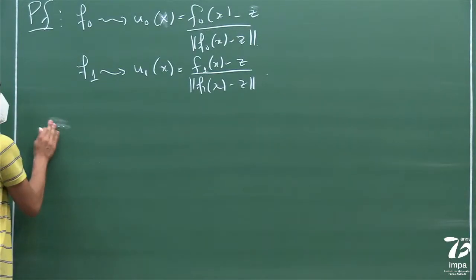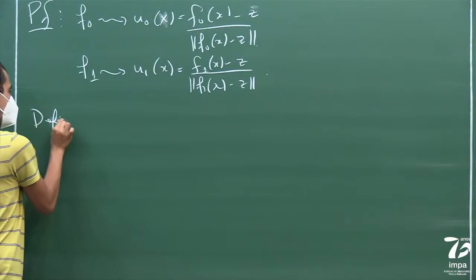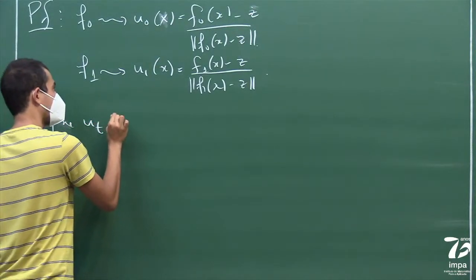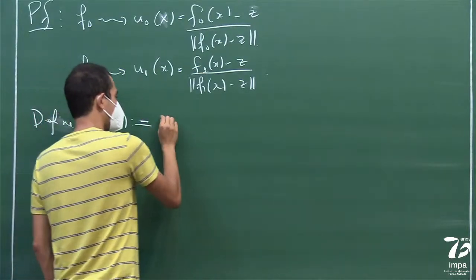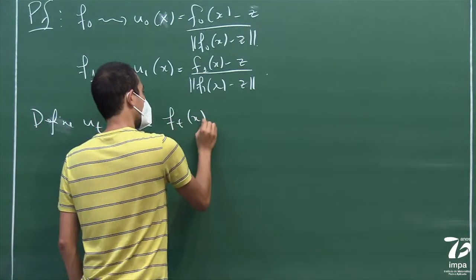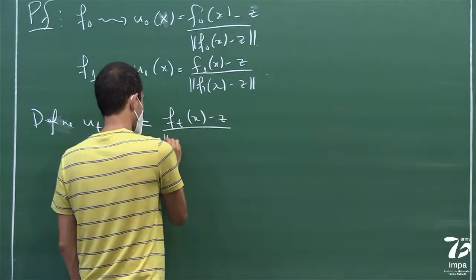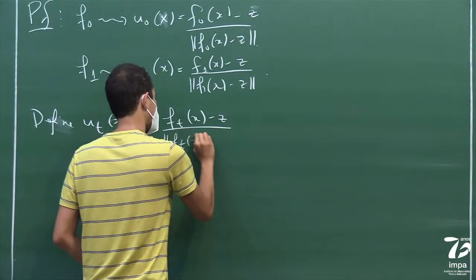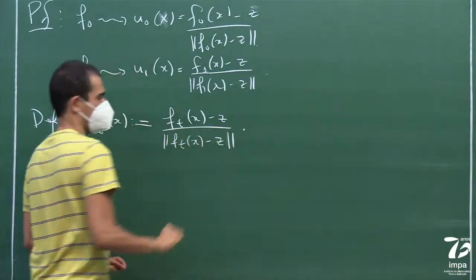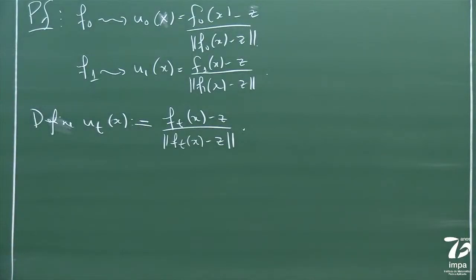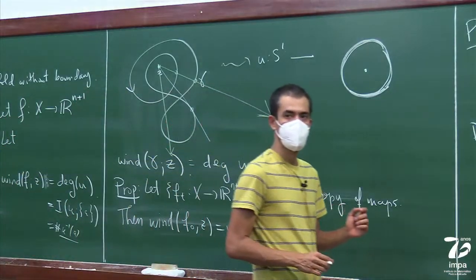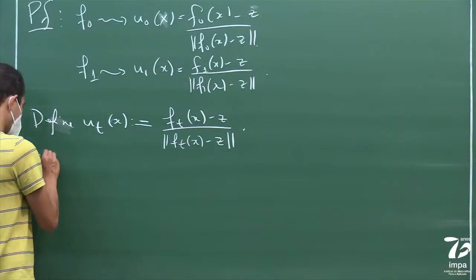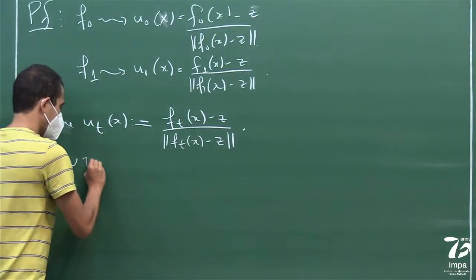Because you can define a homotopy Ut, which is defined to be Ft of x minus z over the norm of Ft of x minus z. And here we have to use the fact that Ft never hits z for this Ut to be well defined. So that means that U0 is homotopic to U1.